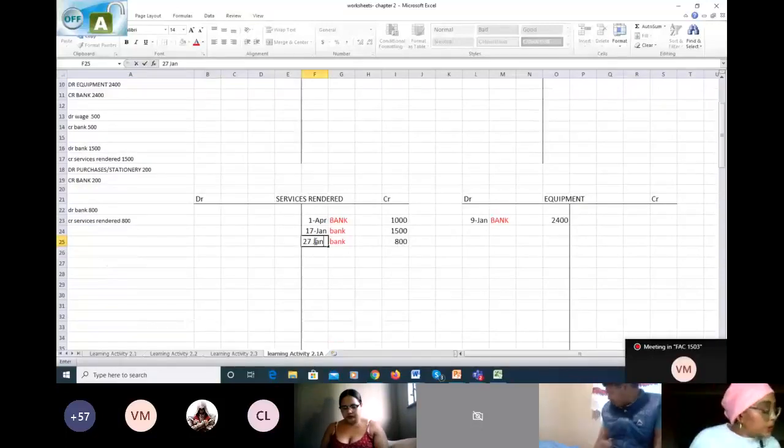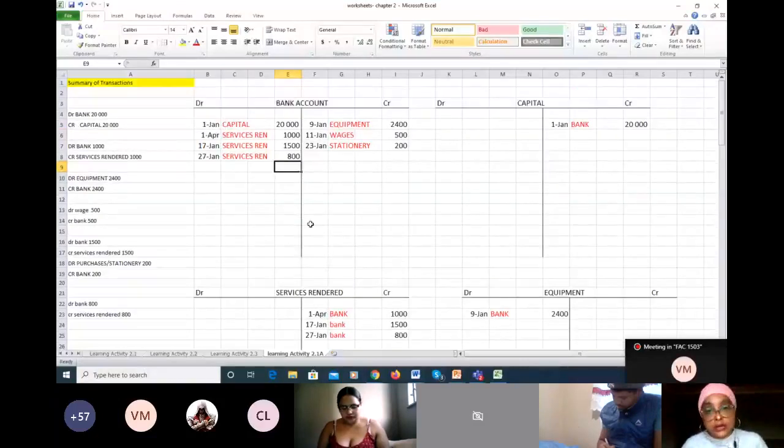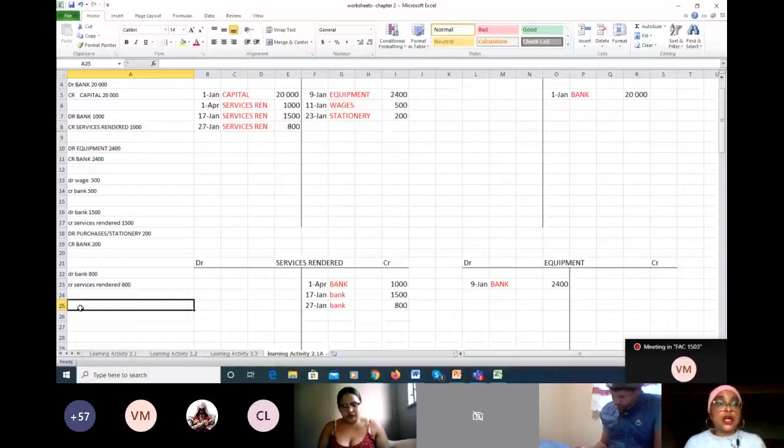My last one is paid the water and electricity account for 2,500 Rand. If I paid, remember paid means money is going out of my bank account. And why I said we start with the easiest leg of the transaction, it will always be the bank part of the transaction.